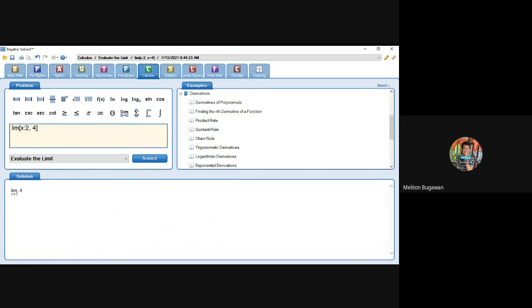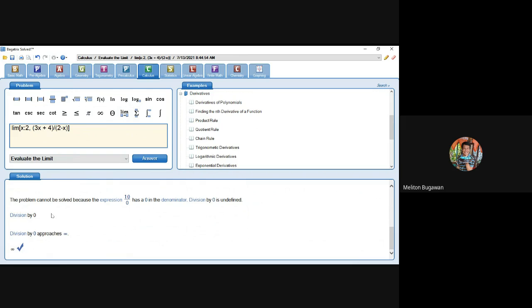Another example, this is the rational form. We have 3x plus 5 over 2 minus x. Then evaluate the limit as x approaches 2. Then we have infinity, because that is 2 minus 2, and division by 0 is undefined, so that is infinity.